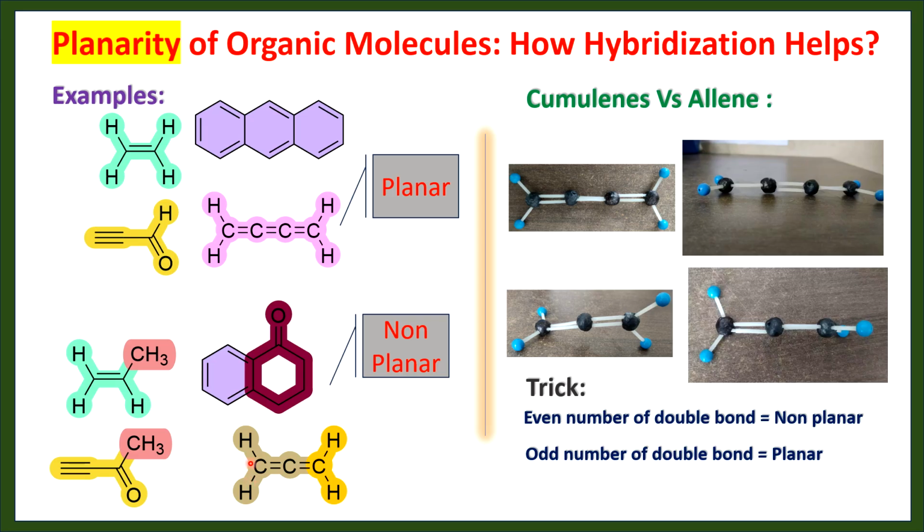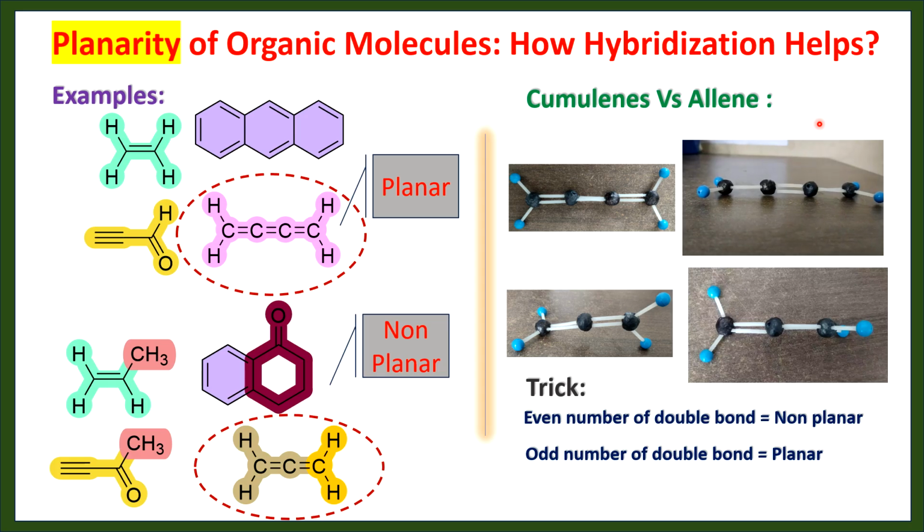In these cases, interestingly, one sp2, sp and sp2, still it is non-planar. This is Allene and this is Cumulene, having a similar structure, but still one is planar, one is non-planar. We could see this structure by model.